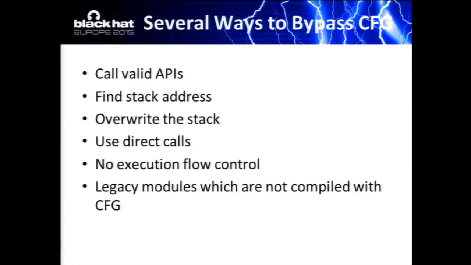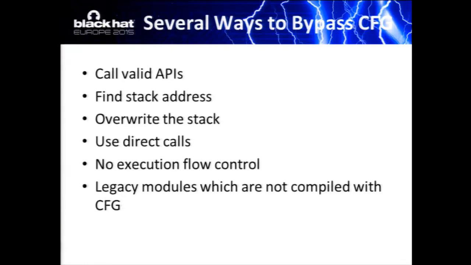For example, you can use the ability to read arbitrary memory to find the address of the stack. You find the address, and then you can overwrite the return address of a function. After overwriting, when the function returns, the code flow will jump into your code. And the CFG checker will not check this value.